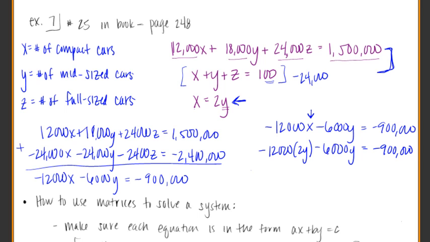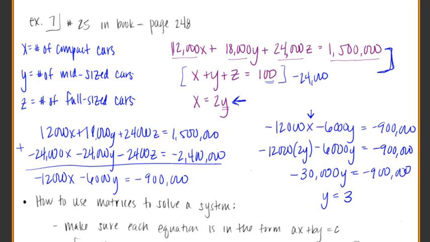So let me skip ahead just to save some space. Let's go 2 times the negative 12,000, so that's negative 24,000 minus 6,000. That's a negative 30,000y is equal to that negative 900,000. And then if we divide everything through by that negative 30,000, you get y to simply be 30.